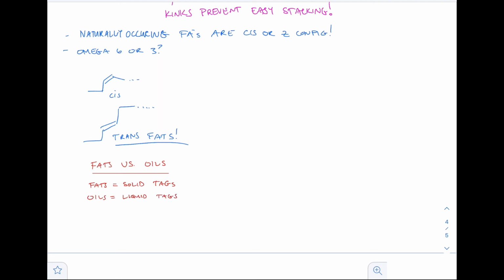That's cis fats. So fats versus oils. This is pretty straightforward. Fats are solids, and they're solid triacylglycerols. So they're made from the fatty acids that have few or no pi bonds, like the stearic acid. And then the oils are the ones that are liquid triacylglycerols, and those are made from the fatty acids that have lots of pi bonds.